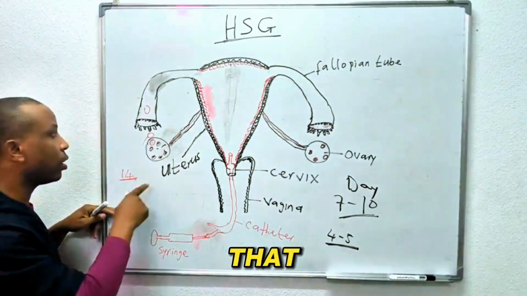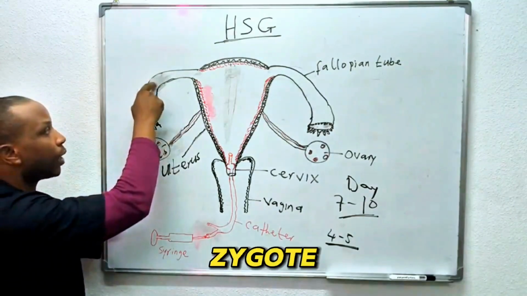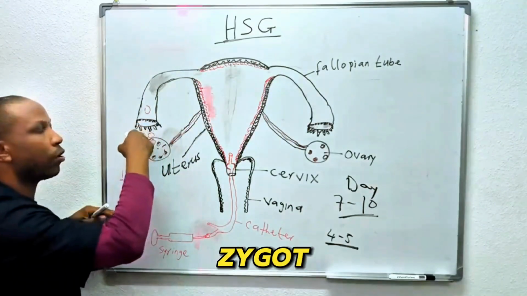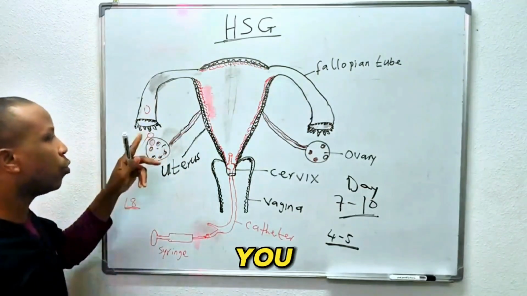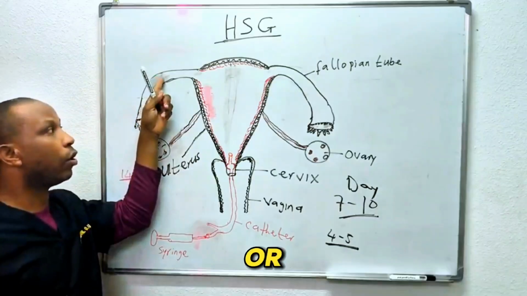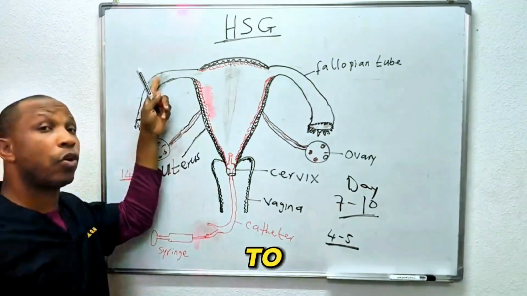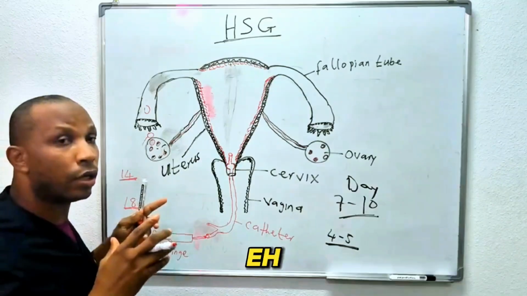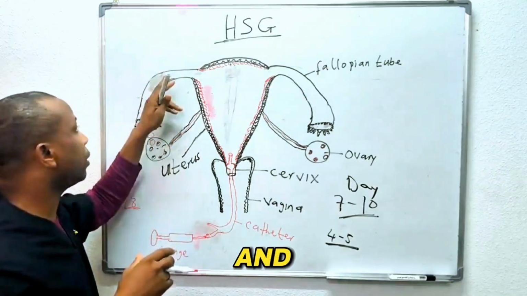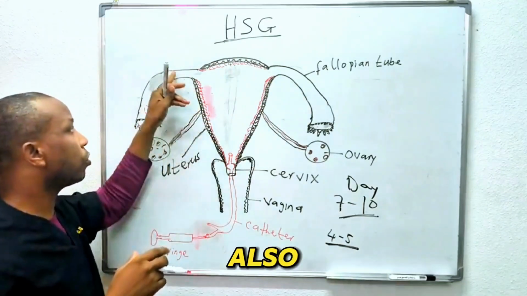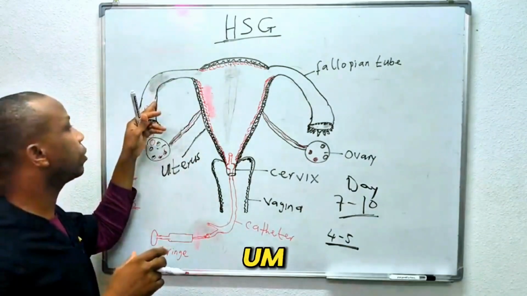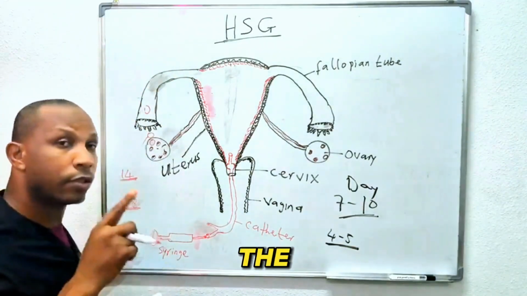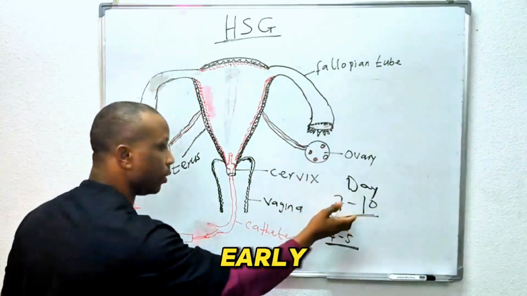It means that the zygote that is already formed and trying to move down here, you may flush this zygote back, one. And two, you may expose this zygote to X-ray unnecessarily, which is not good in early pregnancy. And this procedure can also harm the pregnancy by exposing it to contrast or even flushing it out. These are the second reason why it is done early.